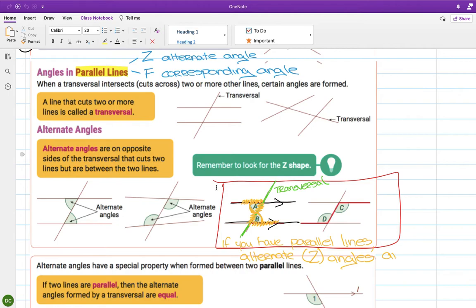Okay. The Z doesn't have to be, so obviously that one I coloured in there is an actual Z. Okay, it's in the same orientation as how you'd write a Z if you were writing the word zoo, for example. So here, when we talk about the Z, it's referring to a Z shape, okay, not the letter.